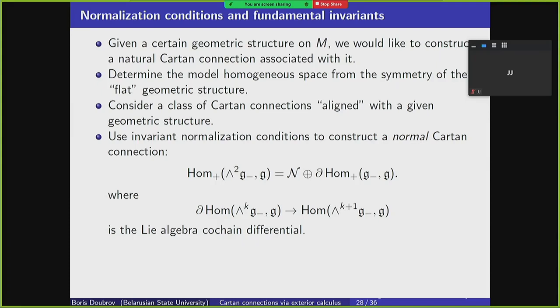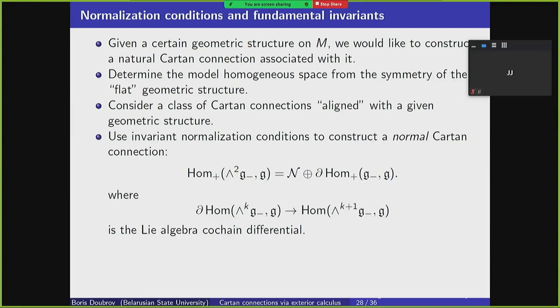This is what we've seen also, I think, in the talk of Nick on the first day. He was showing exactly this formula. So the curvature or structure function takes values in this space. Plus means we are in a positive degree, since everything is graded.